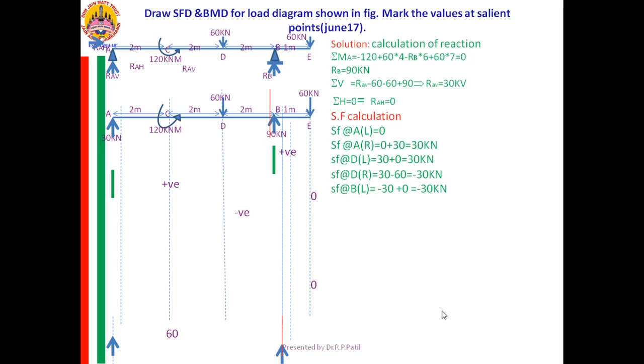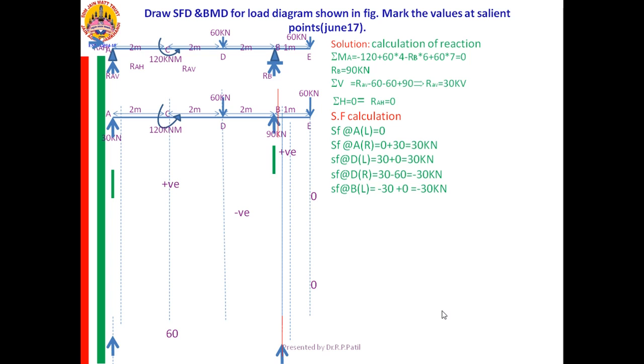Now from B left I am going to B right. Can you guess what is the change there? Already minus 30 is there, and when you are jumping over the B, 90 kilonewton is acting in the upward direction.